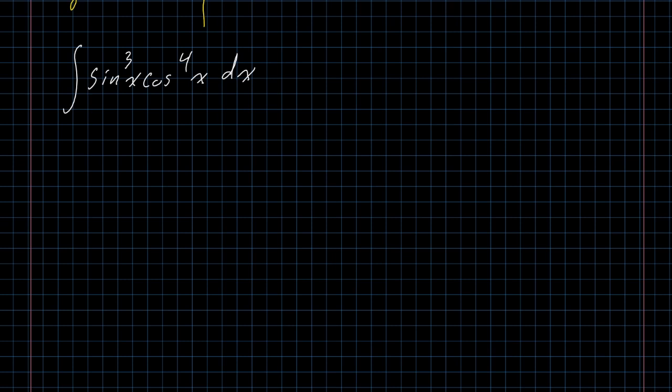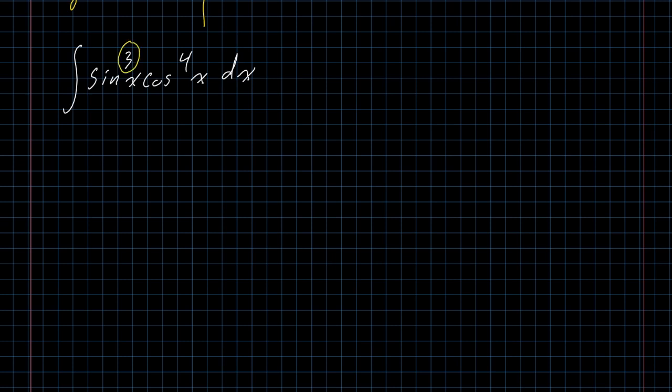It's a little bit less apparent here. I want to either let u equal sine or let u equal cosine. It's definitely going to be one of those things. And it's not immediately clear which one it's going to be. So here is your rule of thumb.